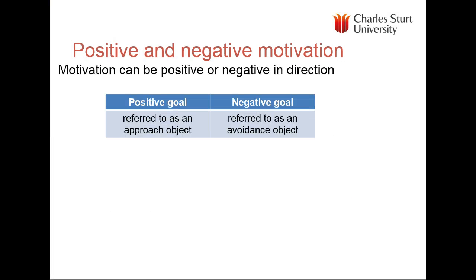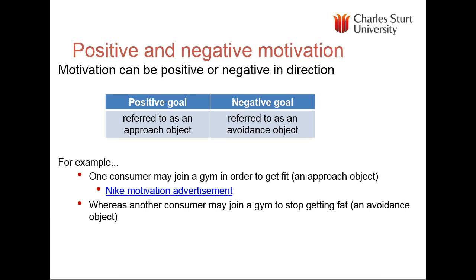So as I said, there can be positive or negative motivation. So you may, in this subject, want to get a really high distinction, and that's an approach object, or you may not want to fail, and we call that a negative goal or an avoidance object. So that's really shown in the Nike motivation example here, so just click on this link here to do that, whereas a consumer may join a gym to stop getting fat or to avoid a serious heart condition.